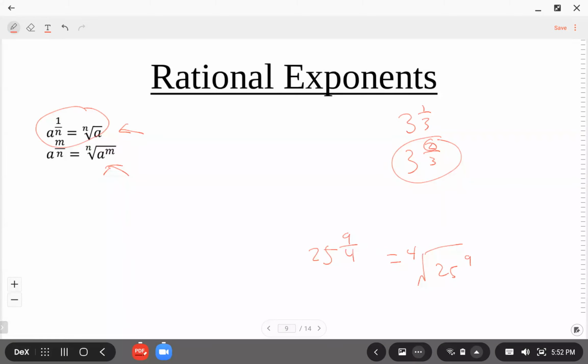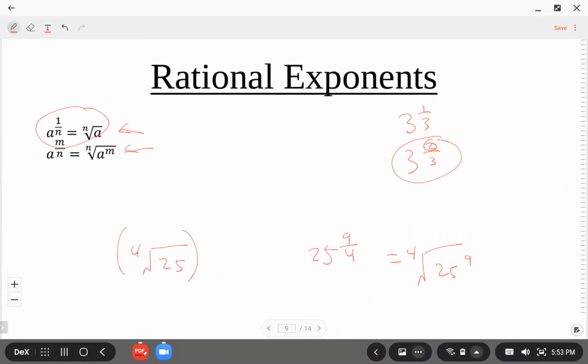So what I advise you to do, instead of using this exact formula, which does look good and professional, is an easier way. First you take 25 to the 4th root and put that in parentheses.